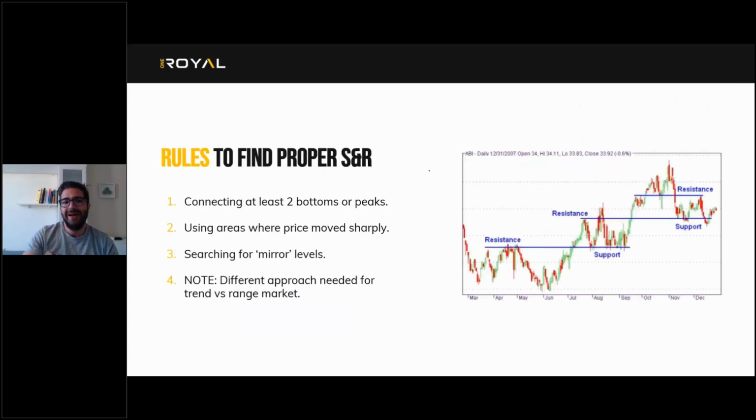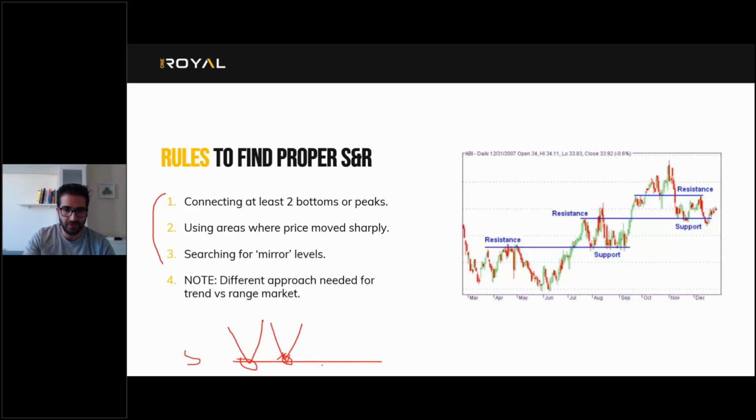Rules to find proper support and resistance. How to find support and resistance? There are three different ways. Here, the most simple way is to find at least two bottoms. By linking two bottoms, you will have a support.